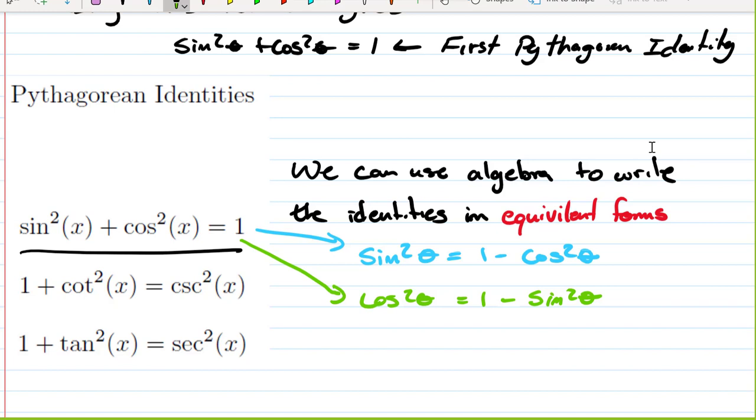And the third equivalent form is cosine squared theta is equal to 1 minus sine squared theta. So we can manipulate trigonometric identities using the properties of equations to get more trigonometric identities.